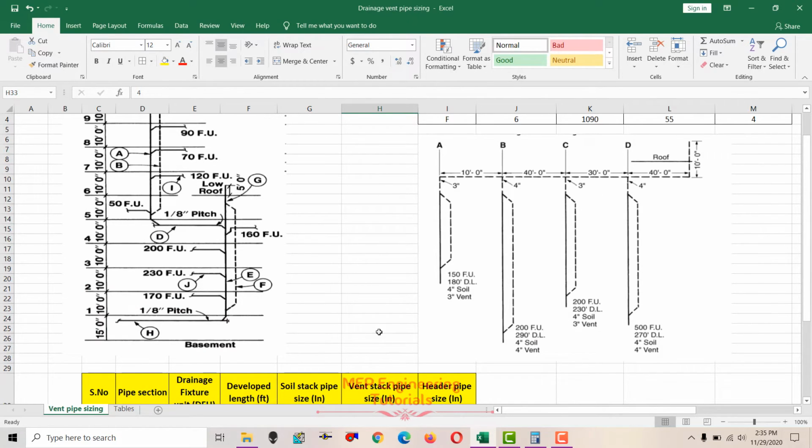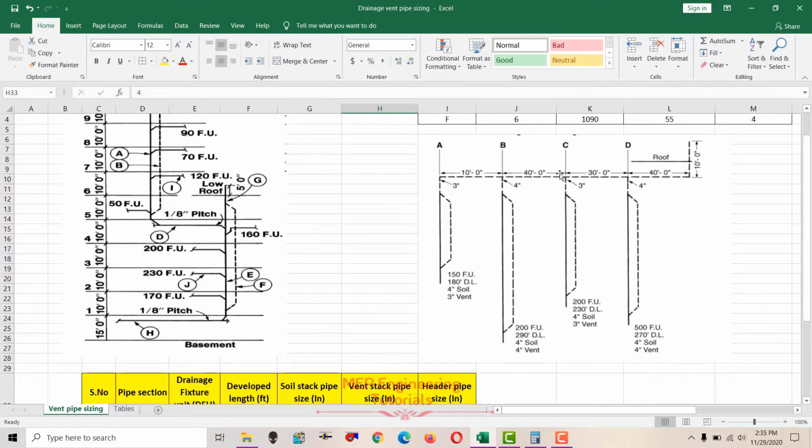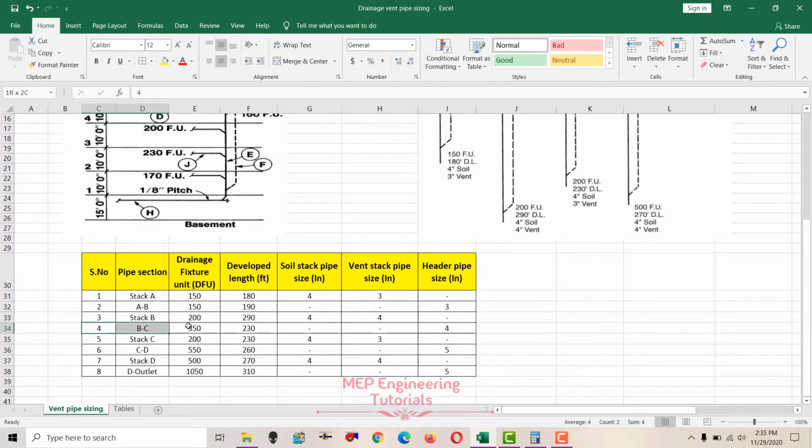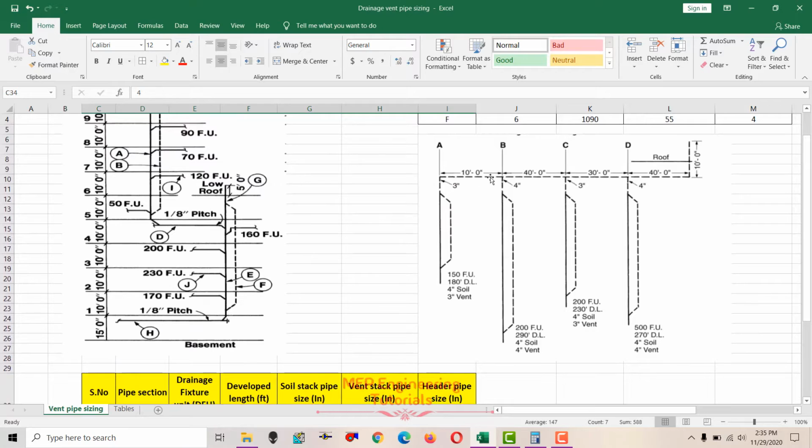And then we'll go for header pipe size B to C. Now we'll check for header pipe size B to C, this one. So we know that the drainage fixture units A to B is 150 and this stack B is 200.